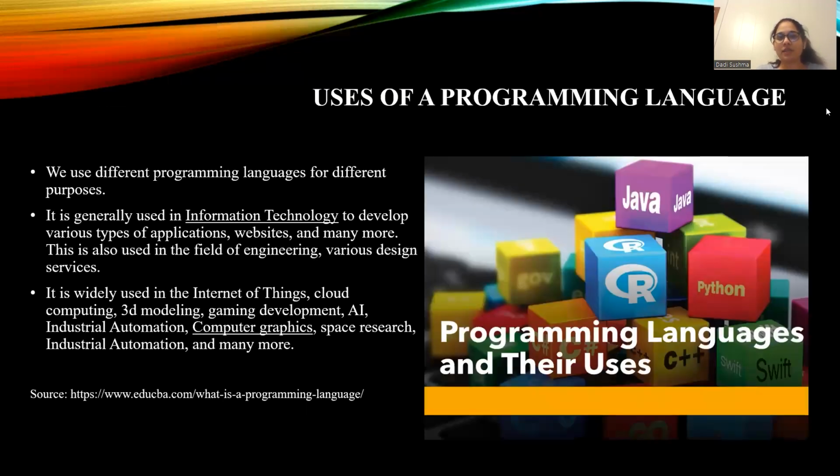And now we are going to see what the uses of a programming language are. Programming languages are used for many different purposes. Generally they are used in information technology, and they're also used in the field of engineering and designing services, as well as in automation, space research, game development, computer graphics, industrial automation, artificial intelligence, data structures, machine learning, 3D modeling, and so on.